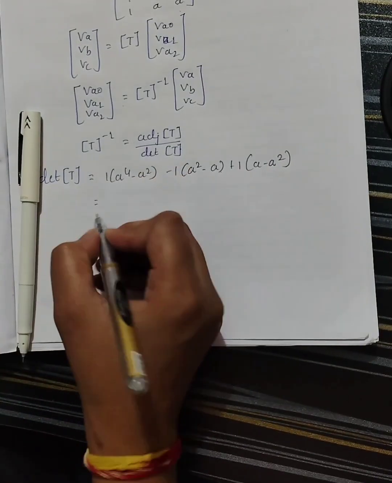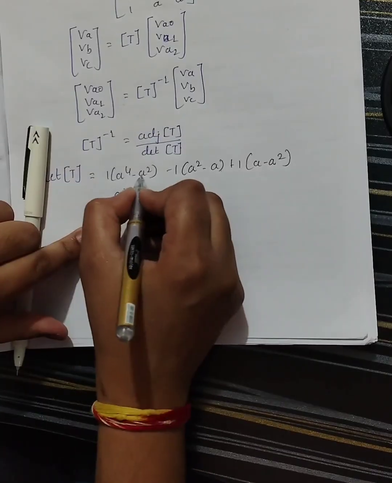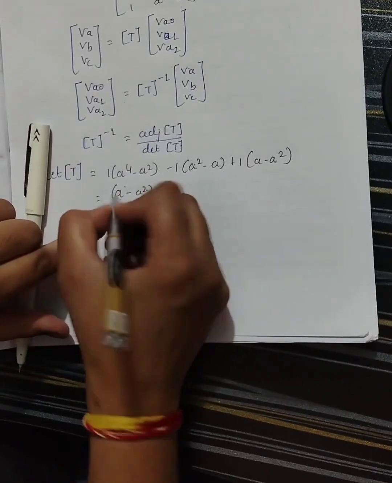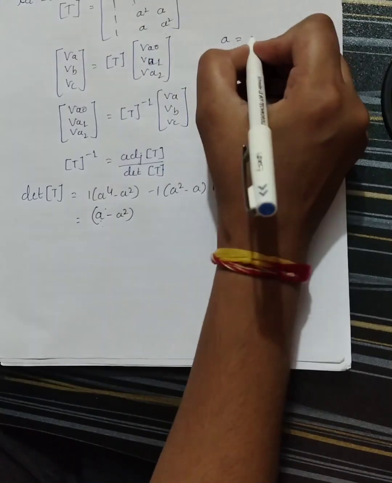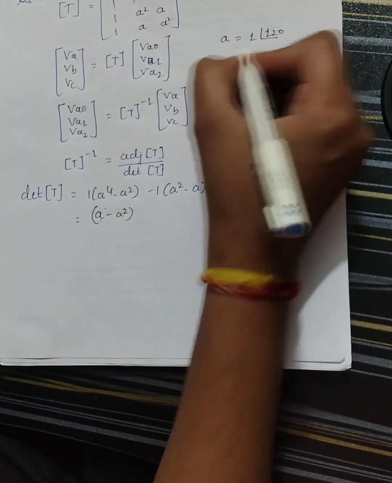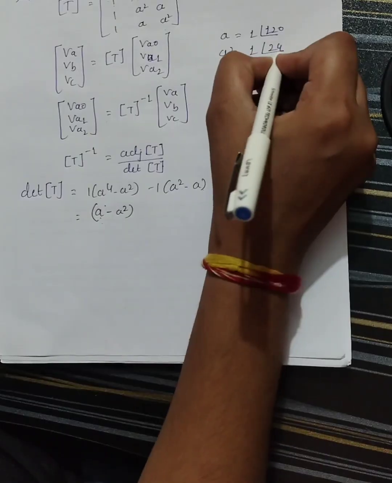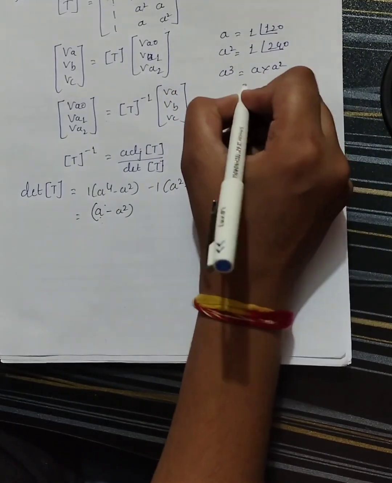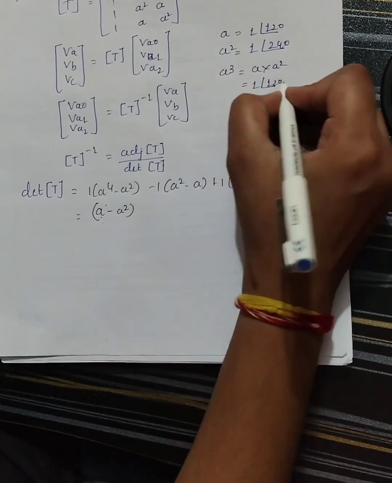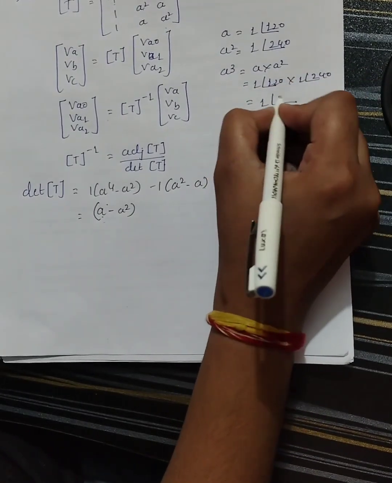Now a⁴ can be written as a, and a² we keep as it is. Why? Because, as we know, a is equal to 1 with angle 120°. Then a² can be written as 1 with angle 240°. Then I can write a³ as a into a², so 1 angle 120 into 1 angle 240 becomes 1 angle 360.